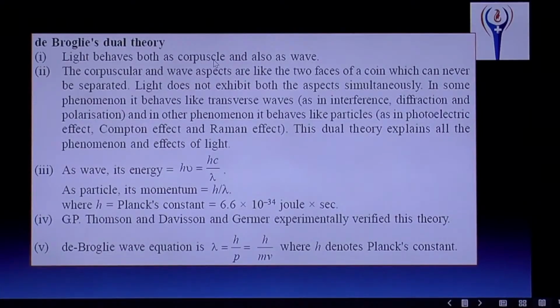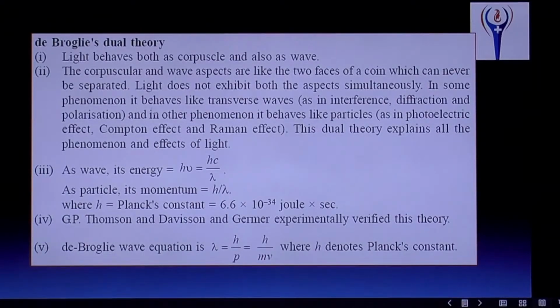Corpuscular and wave aspects are like the two faces of a coin, which can never be separated. If you are looking at one side of the coin, the other side we can't see. Just like that, if it is a particle, you should forget it is a wave. If you see it as a wave, you should forget the particle.